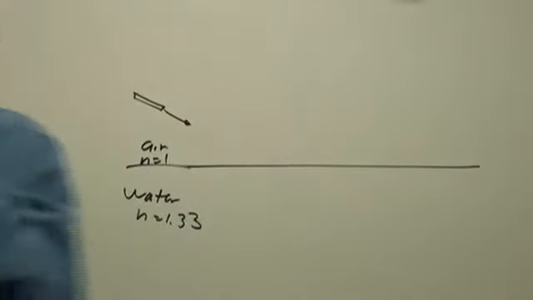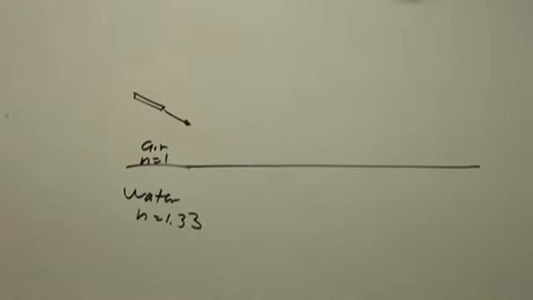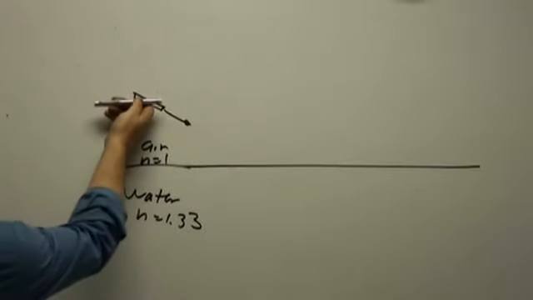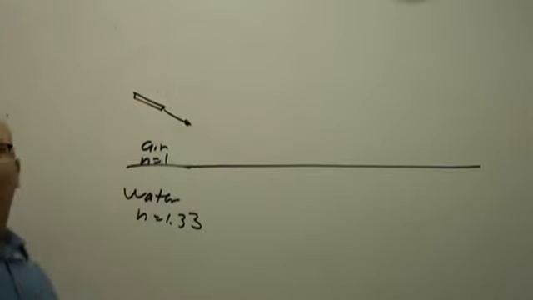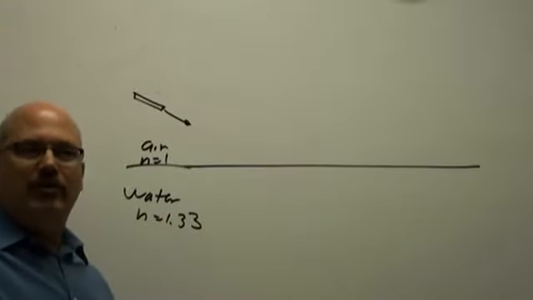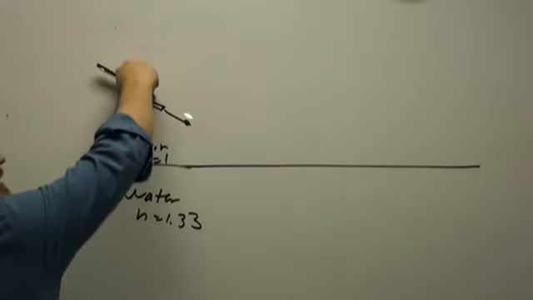Is there any way that you can shine your laser beam and it not go into the water? Point it at the water. Okay, you could not point it at the water. You could go like this, haha, it didn't go into the water. Or point it up. But is there any way for you to strike the water with your laser and not at least some of it enter the water?